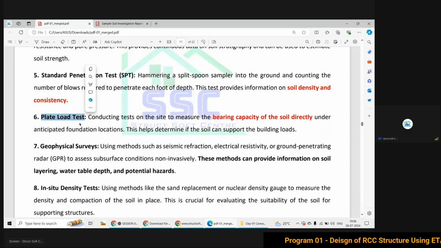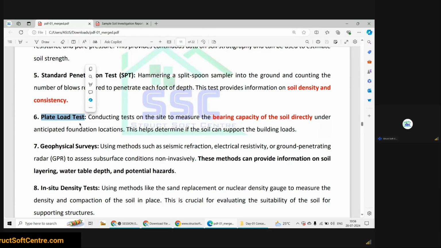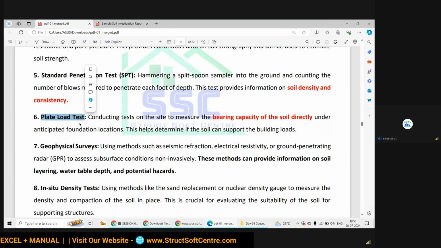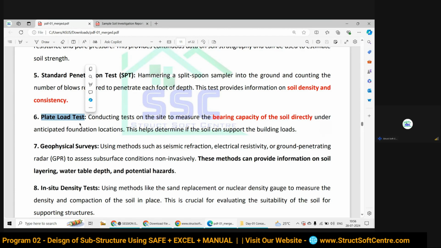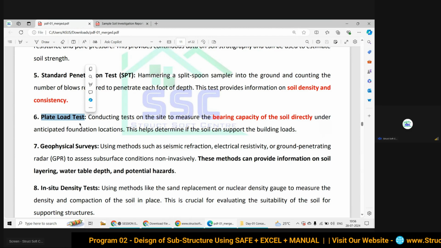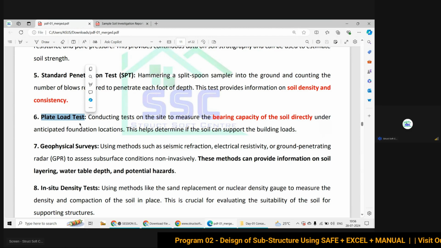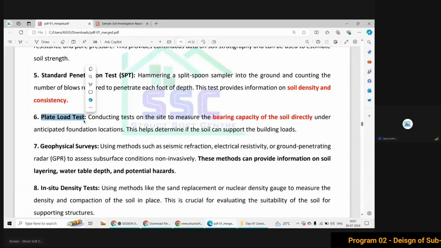It is good for normal structures and important structures also. But if you are going to give a lot of importance to the project, then in that situation you can go with any other method. But the plate load test is the common one, for moderate importance.